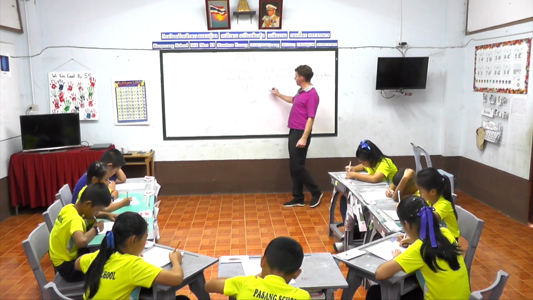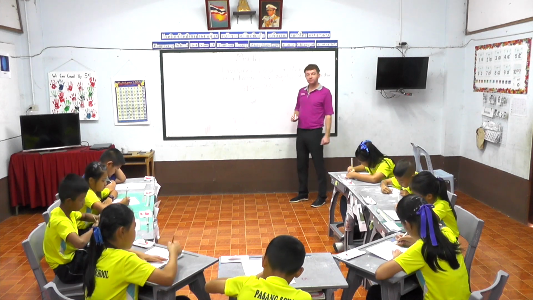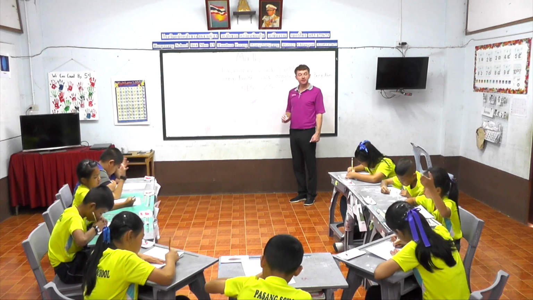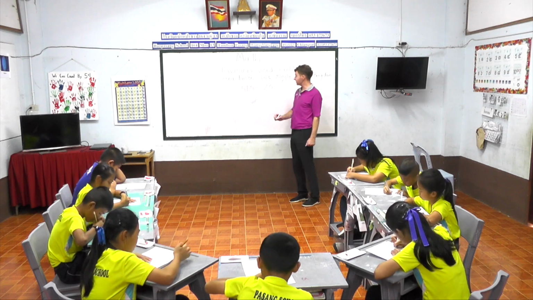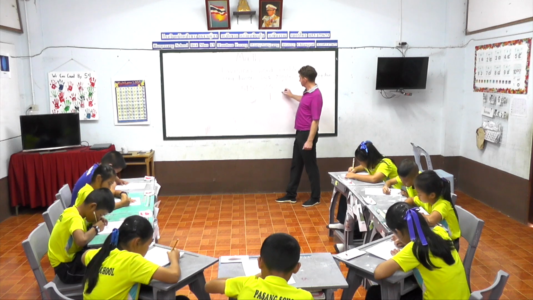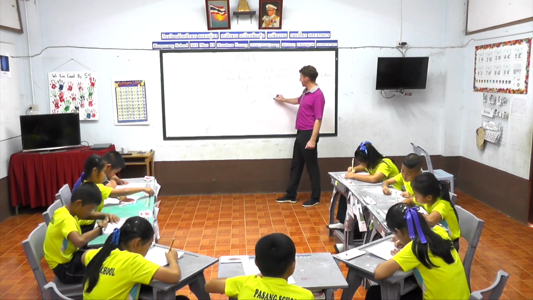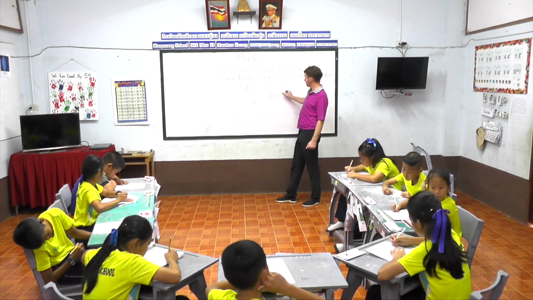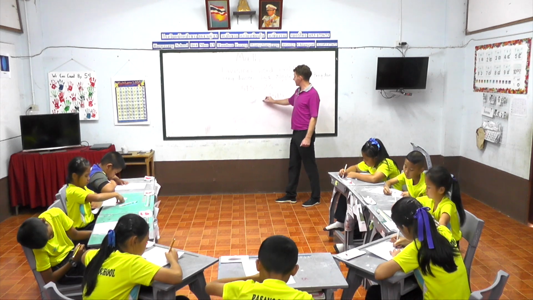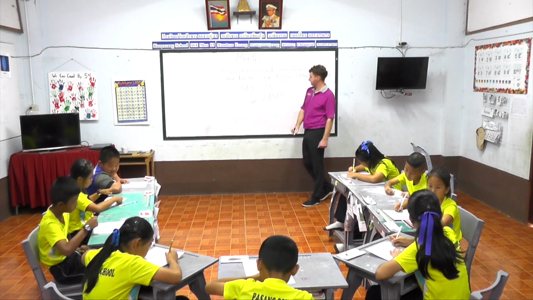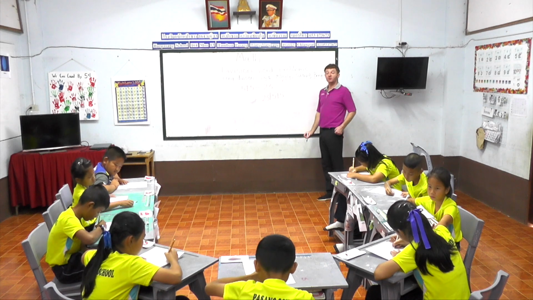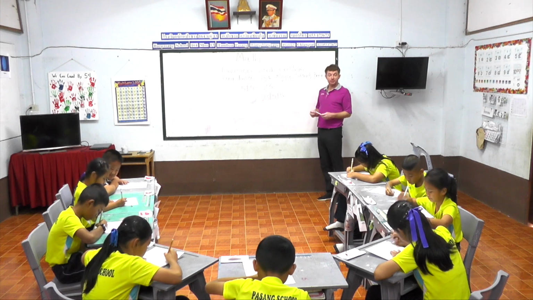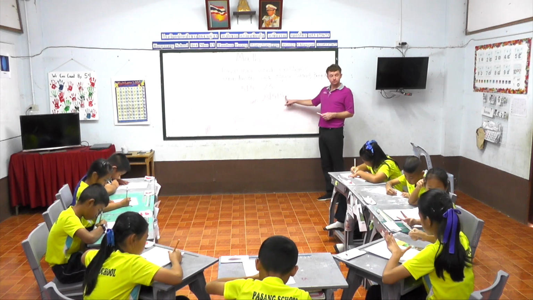So guys, our first problem, 515 divided by 23. So first thing to do, organize our large number in the table and our divisor outside. So your division table for the first word problem should look like this.